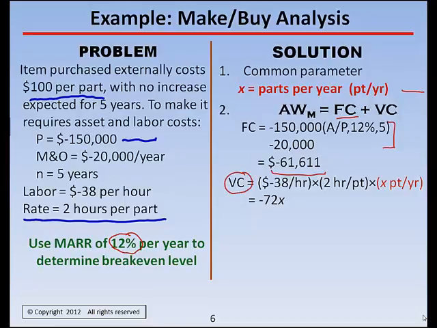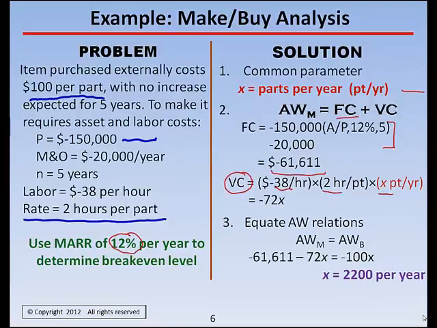This VC relationship is dimensionally correct for dollars per year. The labor cost is $38 per hour. Each part takes 2 hours to produce, and multiplication by the common variable X in parts per year produces the units of dollars per year, which is the same as that of the FC component.